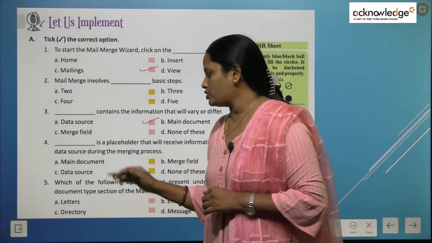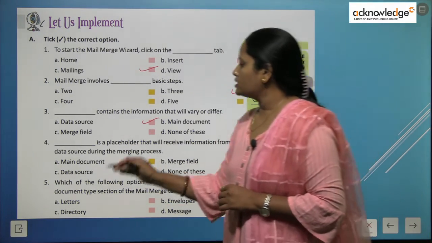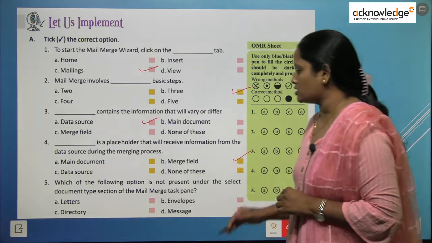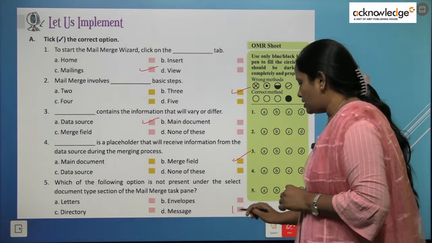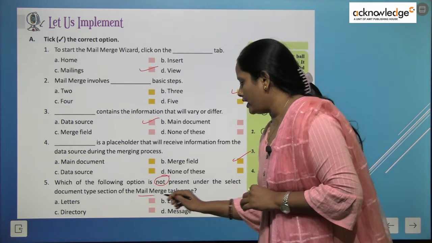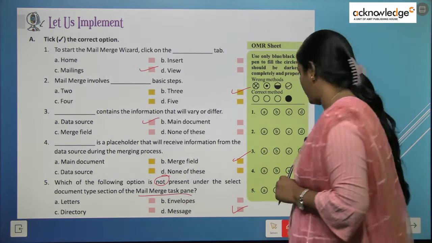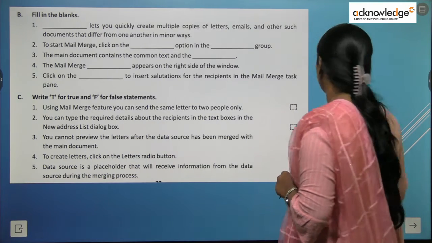Fifth, which of the following options is not present under the select document type section of the mail merge task pane? So, message is not present in the mail merge task pane. Next, come to fill in the blanks.